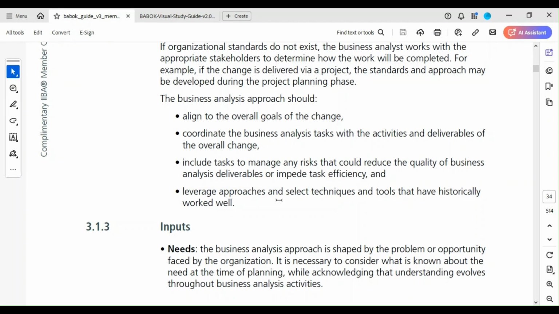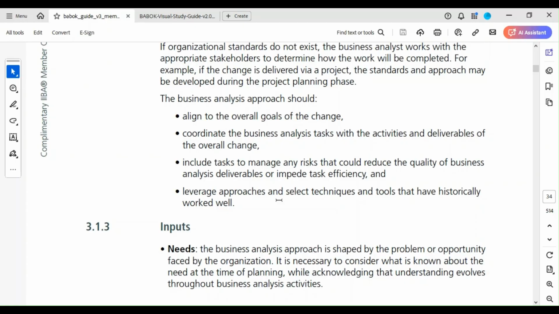Include tasks to manage any risk that could reduce the quality of business analysis deliverables or impede task efficiency. Please be alert when it comes to making changes and also risk. That means you have to create room for any risk so that you'll be able to control that. Leverage approaches and select techniques and tools that have historically worked well.